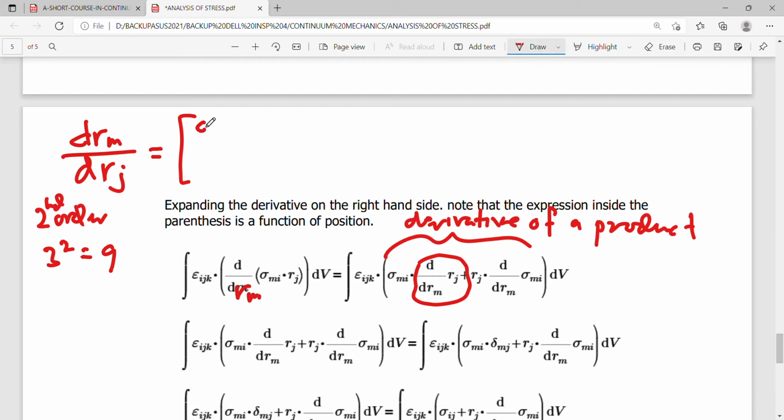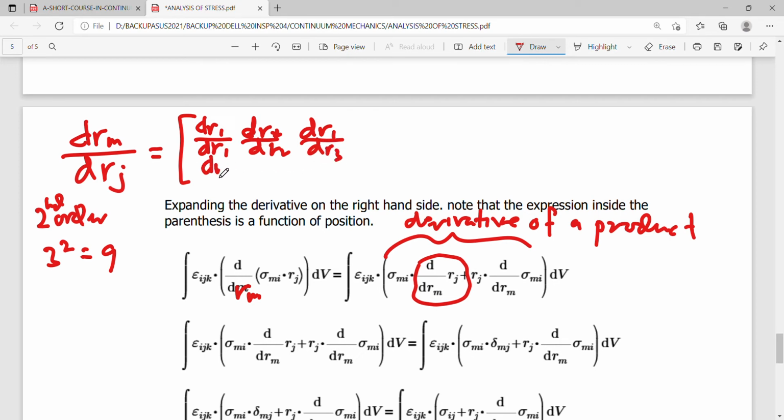So I have the derivative of r1 with respect to r1. That's my m j 1 1. Then I have the derivative of r2 with respect to r2. And I have the derivative of r1 with respect to r2. Derivative of r1 with respect to r3.